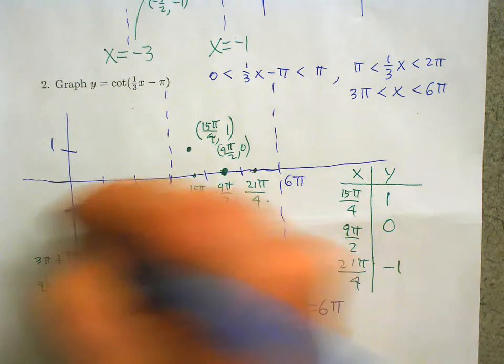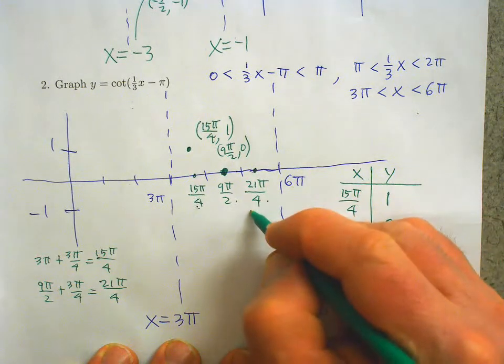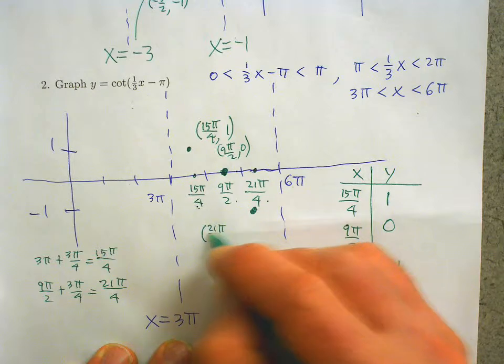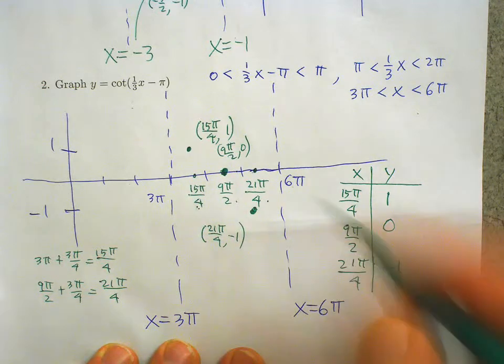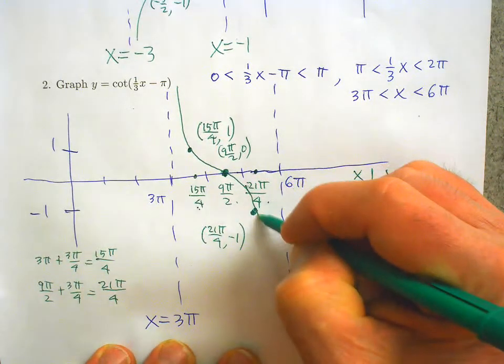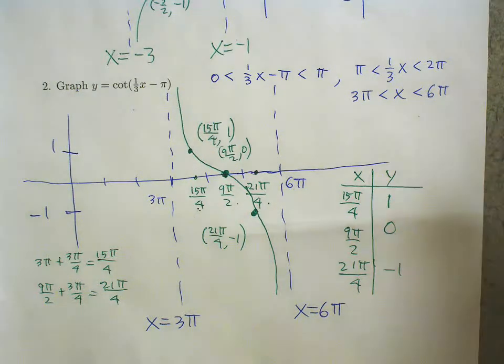So negative 1 at that point. So that ordered pair is 21 pi over 4, negative 1. And then the graph of the cotangent looks something like that. Okay, let's move on to the next page.